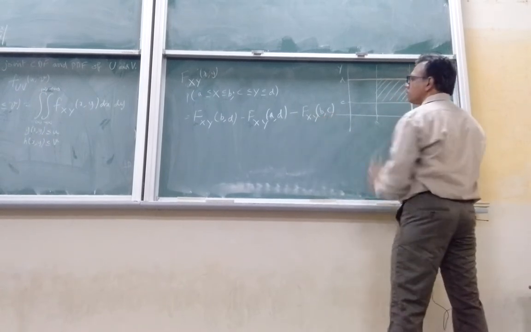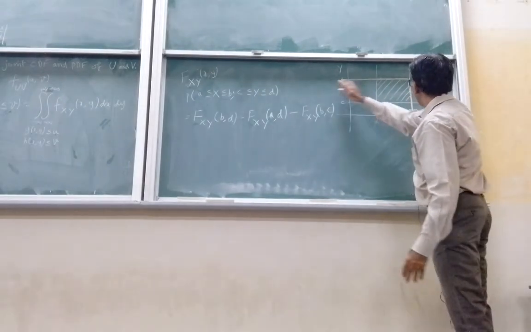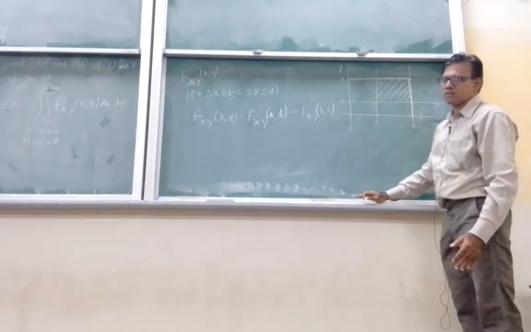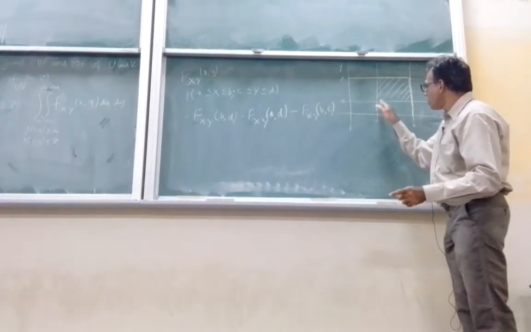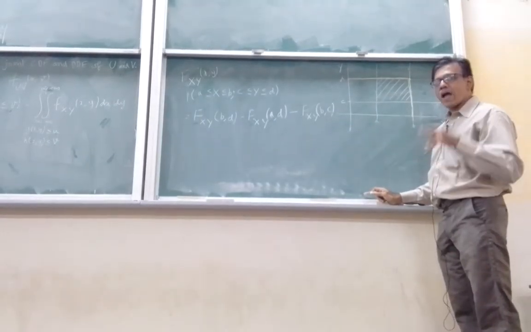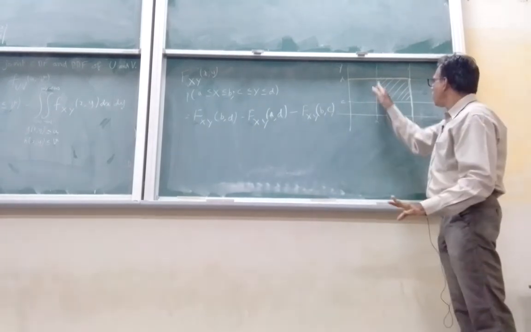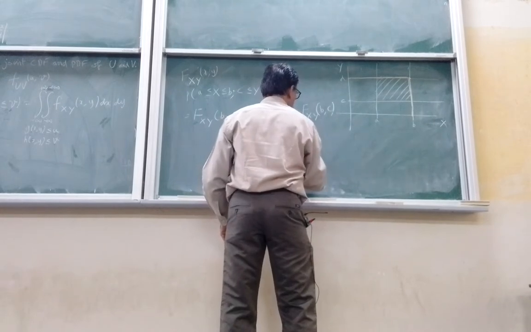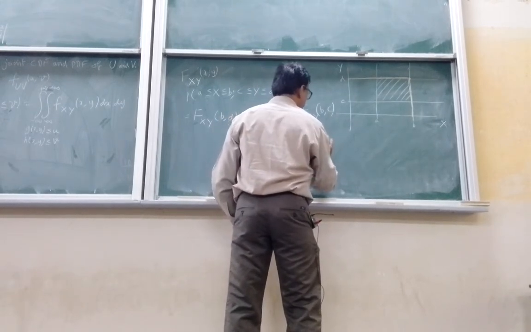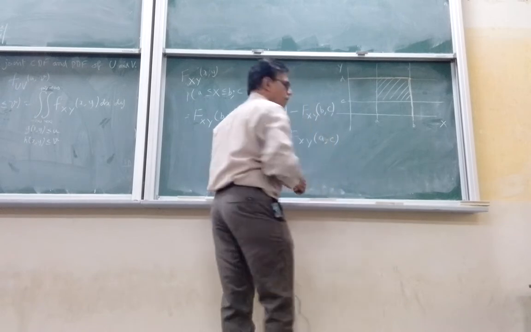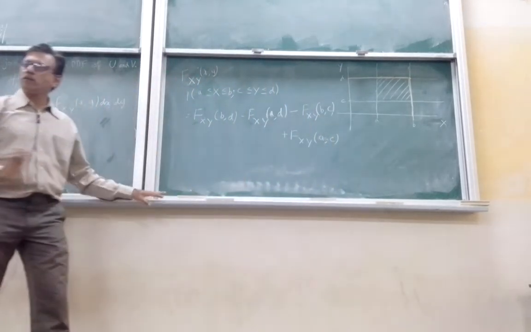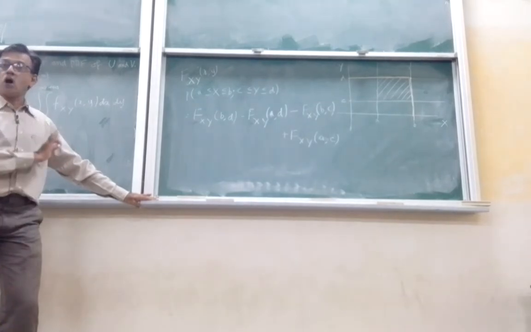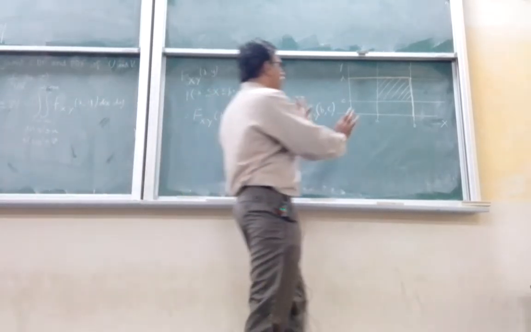So I have removed this part and this part, and in doing so I have removed this twice. I have to add it back once, then only this region will remain. So plus F_XY of A comma C. This is how you can find, using the joint CDF, the probability of any given shaded region.